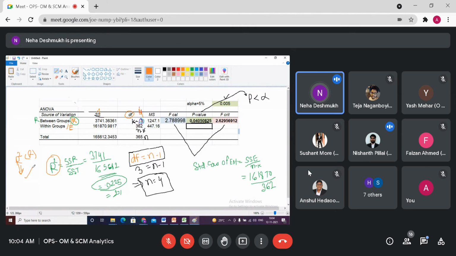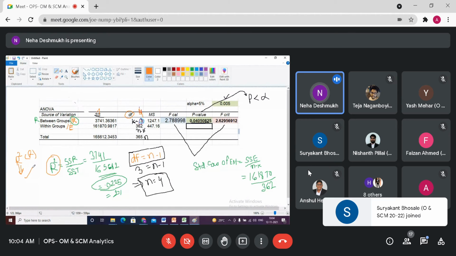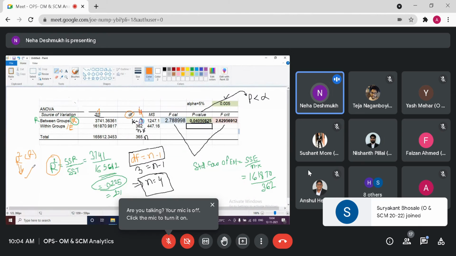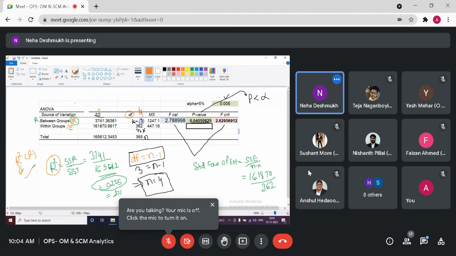Is this clear, everyone? 2% of the variation in the dependent variable with respect to the independent variables can be explained.